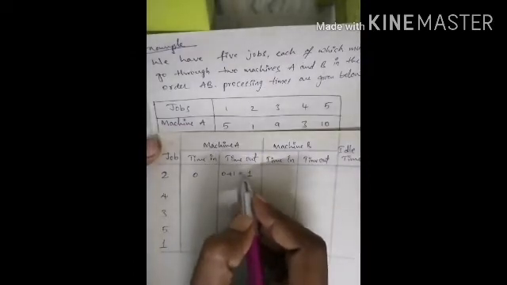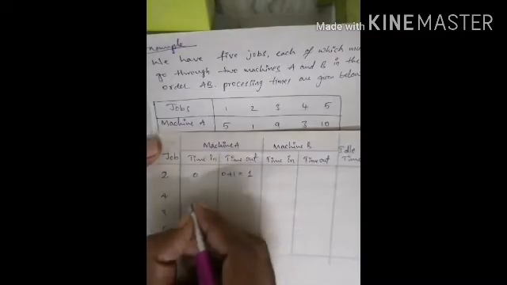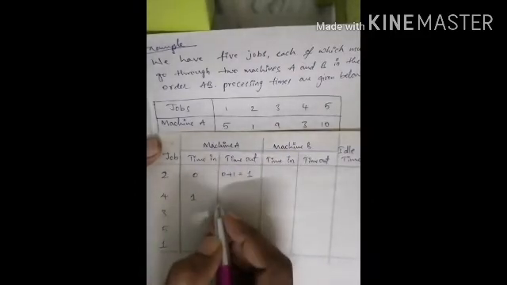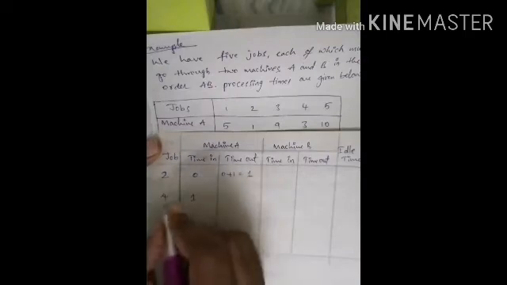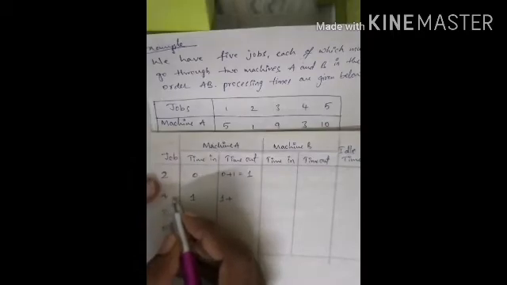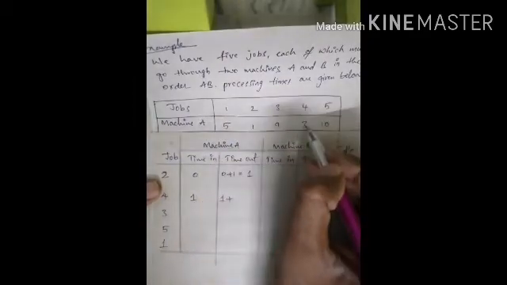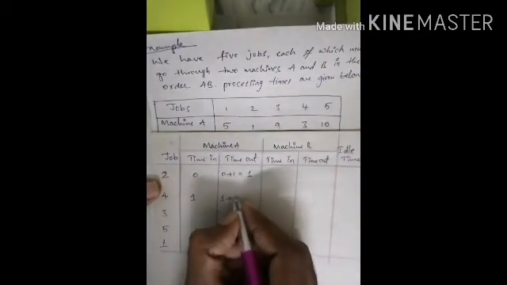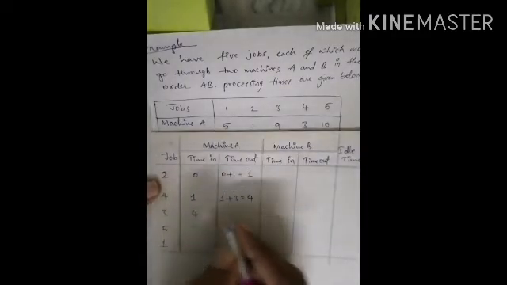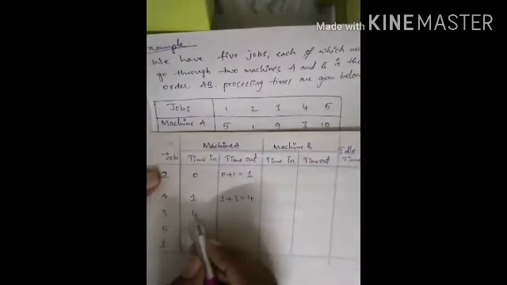Now the time out of the second job is the time in for job 4, so we write 1 here. The timeout is 1 plus the processing time of job 4 on machine A, which is 3, so 1 plus 3 equals 4. This 4 is written here, because the last time out is the starting time of the next job.